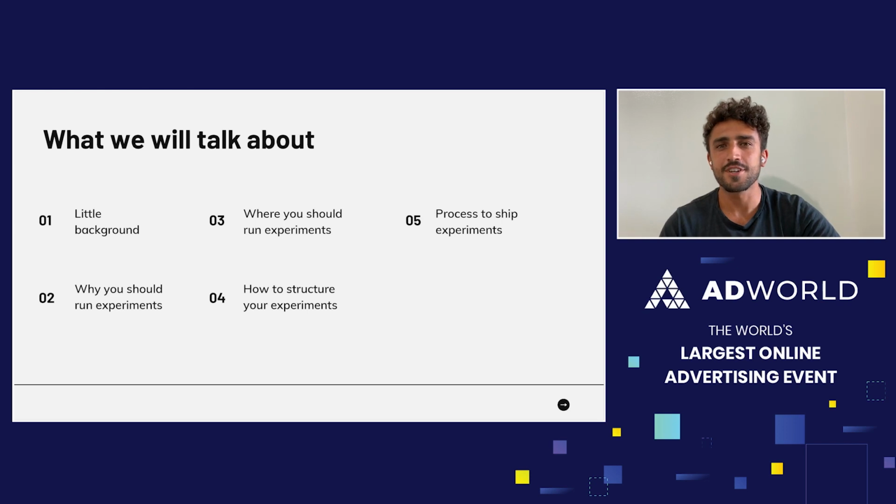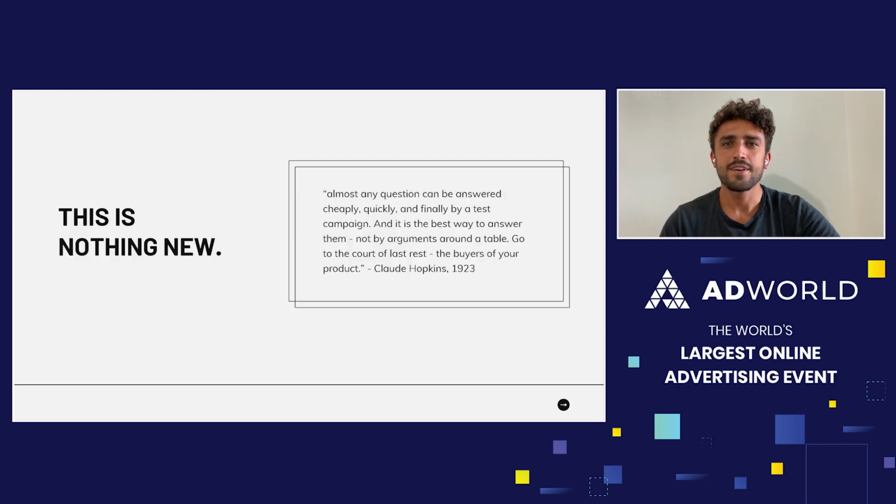So first things first, experiments are not new. This concept of running experiments in the business setting has been here for a while. And actually, if you go back to 1923, Claude Hopkins wrote about this in his book Scientific Advertising, that almost any question can be answered cheaply, quickly, and finally by a test campaign.